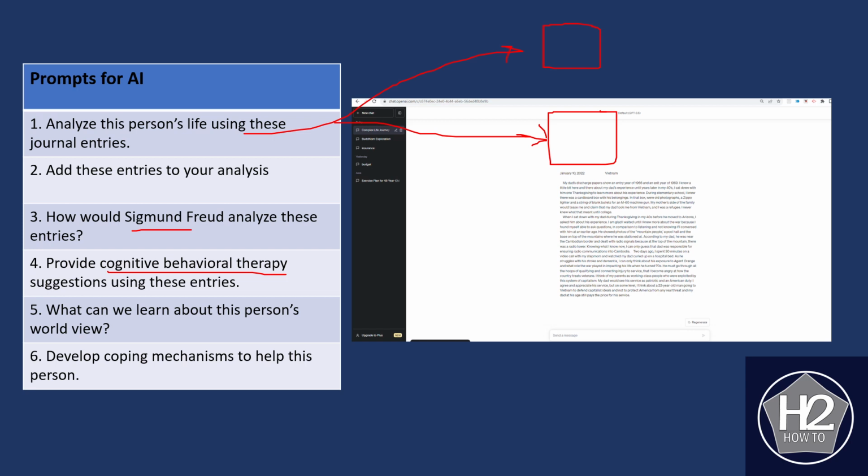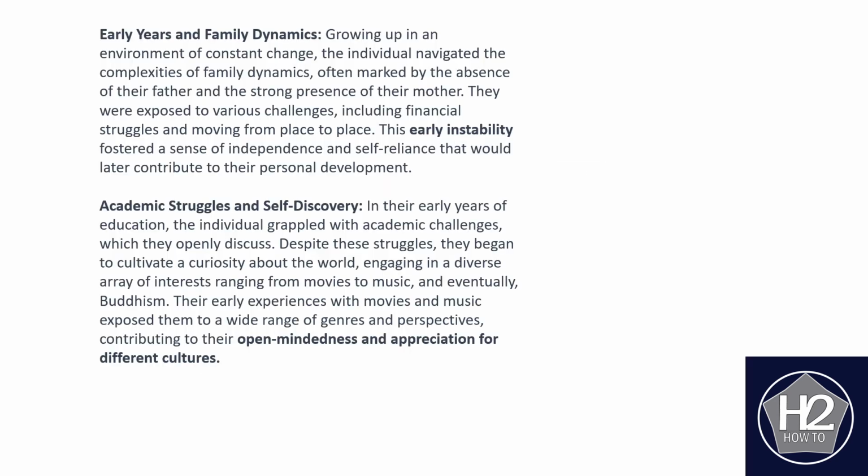So it basically looked at all of my journal entries, and then it gave me some CBT coping mechanisms. Then you could ask it some additional prompts, and again, these are the prompts that go into chat, and it'll just analyze them. It was pretty, I guess, spot on.